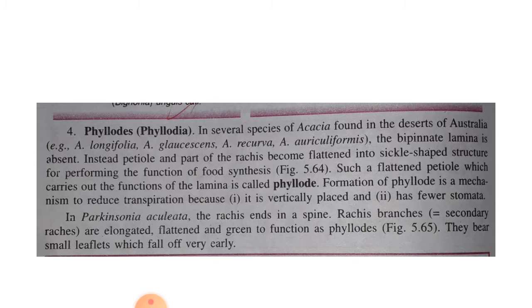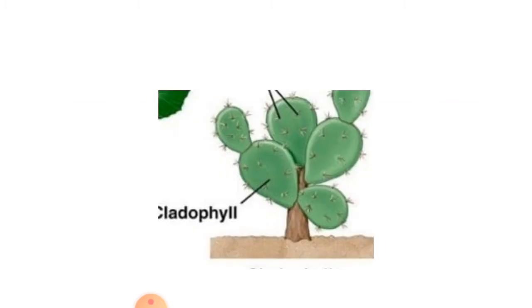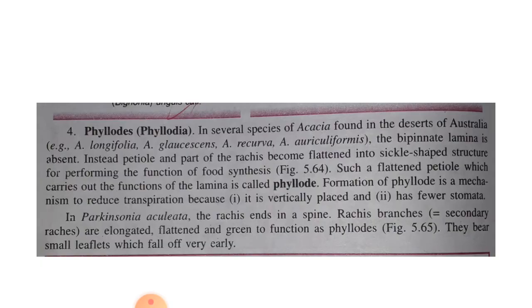Such a flattened petiole which carries out the function of the lamina is called a phyllode. Formation of phyllodes is a mechanism to reduce transpiration because they are vertically placed and have few stomata, so the rate of transpiration is low.